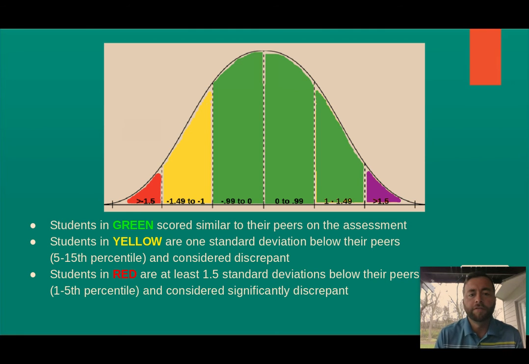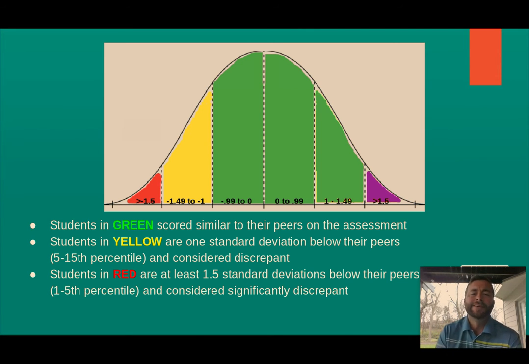However, if you are 1 standard deviation to 1.5 standard deviations below the average, it's likely that you would need some sort of service and some sort of extra support because you would be considered discrepant from your peers. Somewhere in the 5th to 15th percentile, depending on the score. And then students who are red, they are 1.5 standard deviations or more below their peers, and it's likely they are going to need some intensive support because they are considered significantly discrepant.